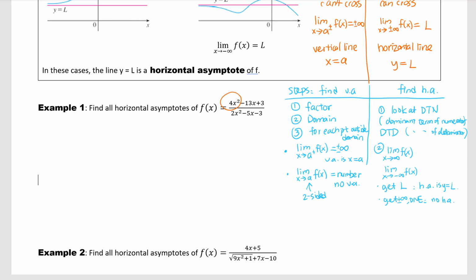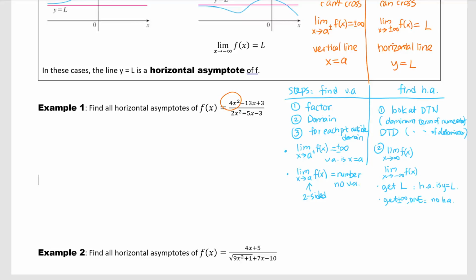Think about it, when x goes to infinity, the highest power term dominates. If you have $1 million, do you care about a penny? Maybe not that much, right? If you only have 10 cents, you care about the penny much more than if you have $1 million.